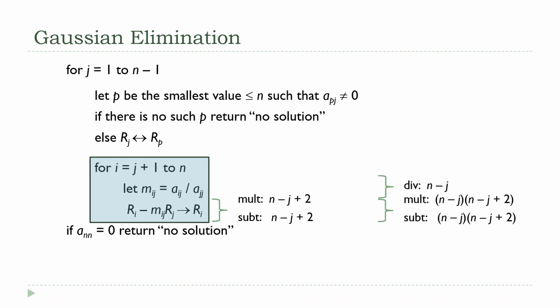So to get the total number of operations for the entire piece of the algorithm here, we have to add up these three expressions over all of the values of j, which according to the outer loop go from 1 to n minus 1. Okay, so now what we need to do is simplify this expression to get an expression for the total number of operations that is just a formula in terms of n without the summation part.